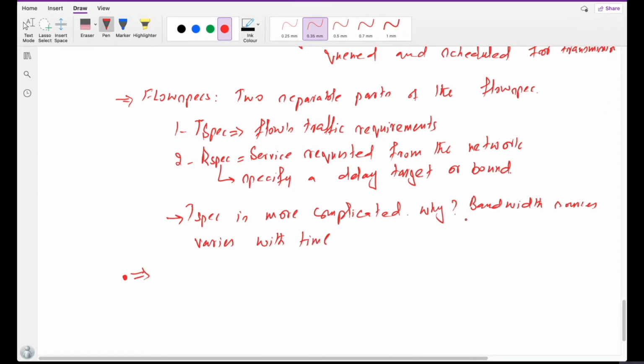So in order to identify the bandwidth characteristics of our sources, we will be using a token bucket filter.